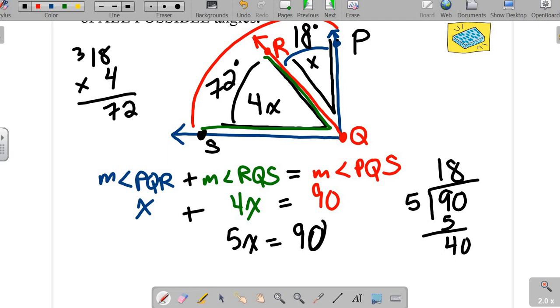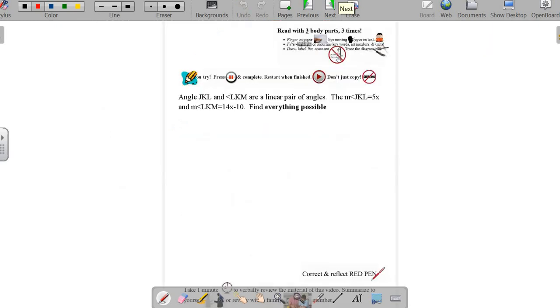Find everything possible. We have 18 and 72. They add up to 90. You know you're done. This page you're going to do on your own. Pause the video. Then check your work.